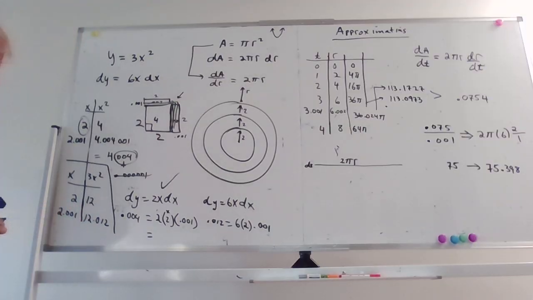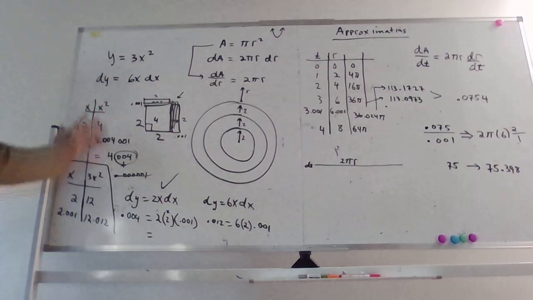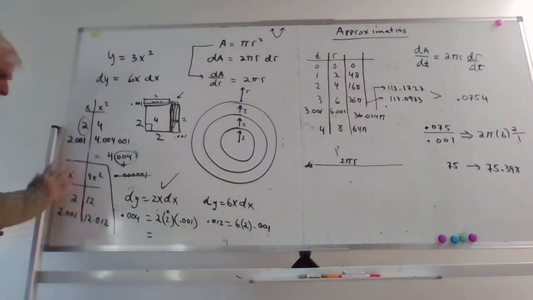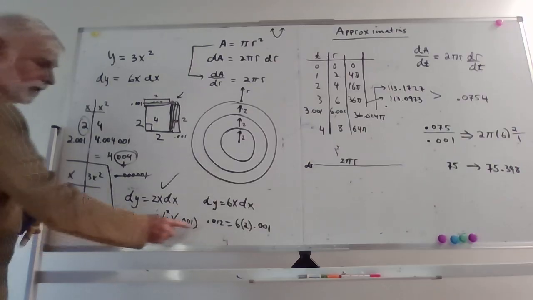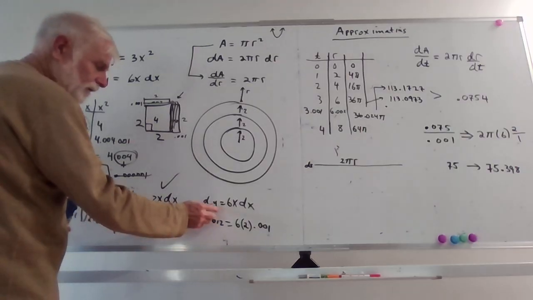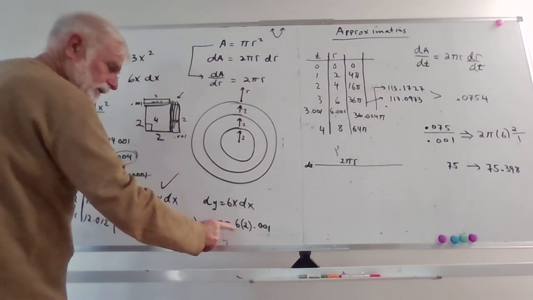Oh, and if I multiplied by 3 here, right? I never did that yet. I just did the change in x. But if I multiplied by 3, then I would have gotten 12 and 12.012. So that's 0.012. That would be the change in y for that function. And that is equal to 6x dx.